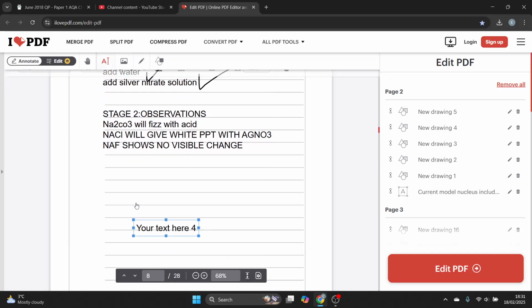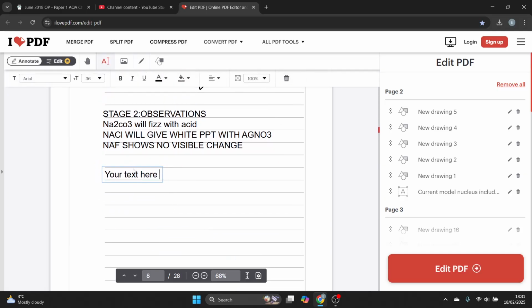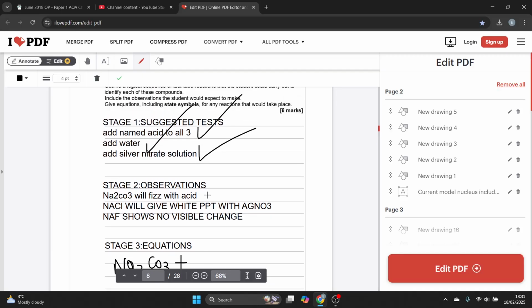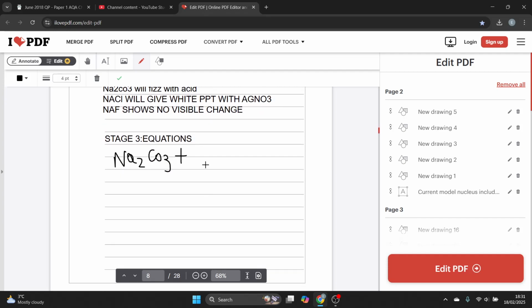Stage 3, the equations. I was about to say ionic equations, but no, the equations. So I've got sodium carbonate plus a named acid, so say HNO3, nitric acid, and what's going to happen?